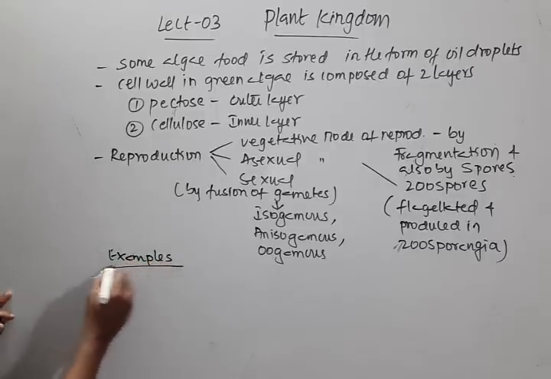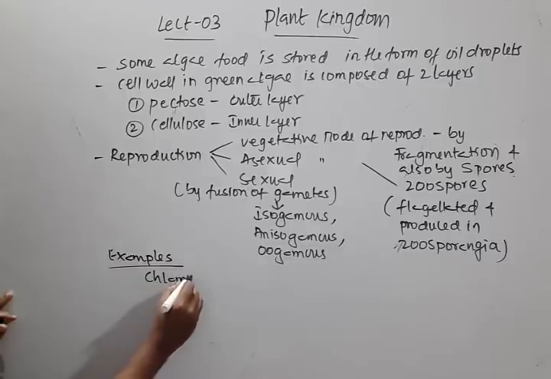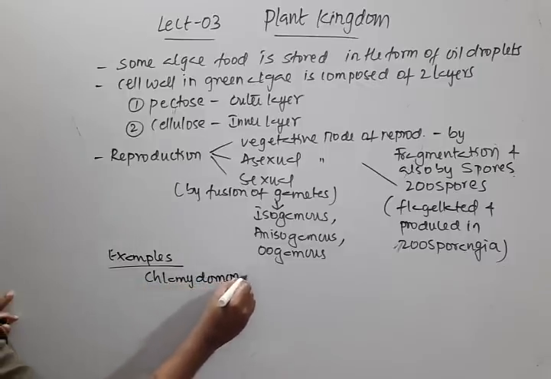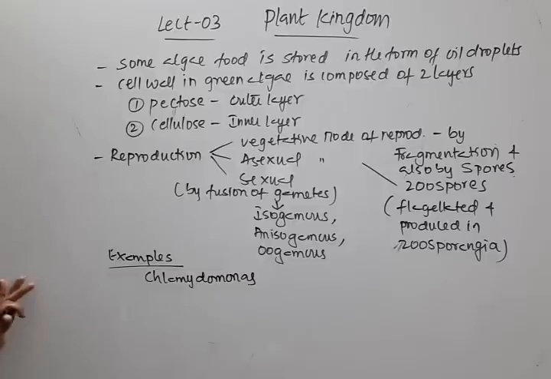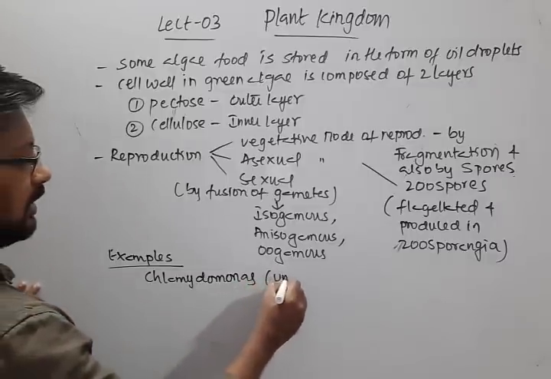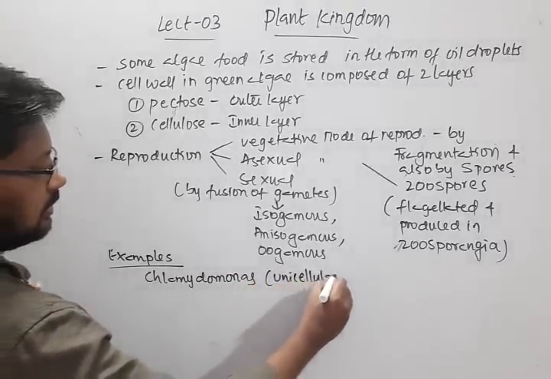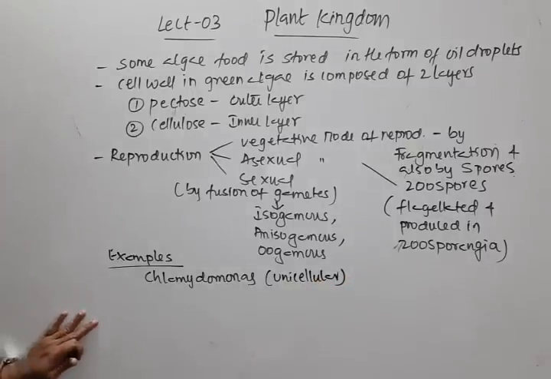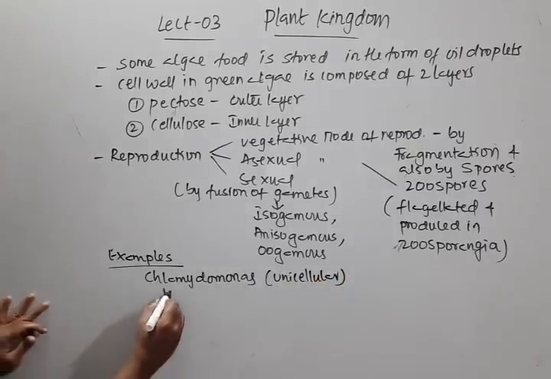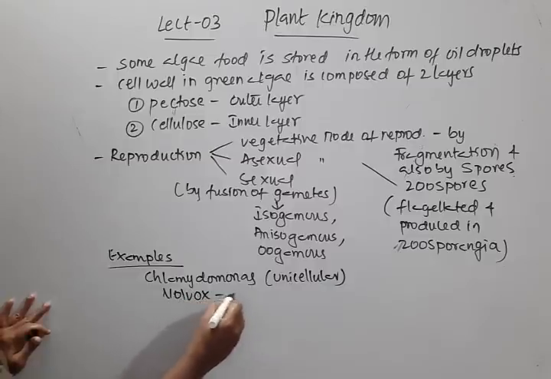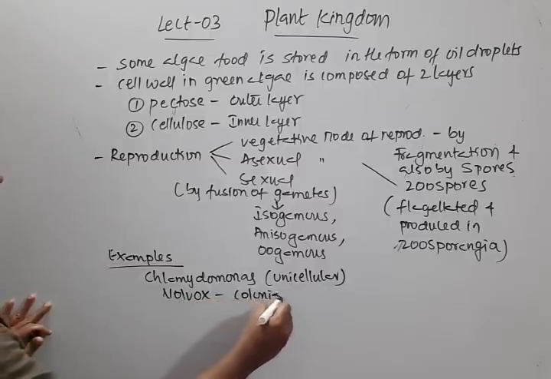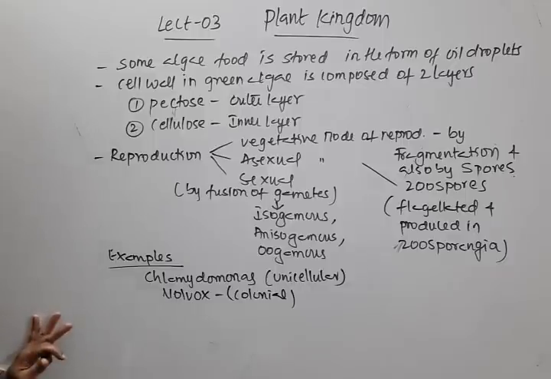So the examples include Chlamydomonas, which is a unicellular one, and then Volvox, which is a colonial form.